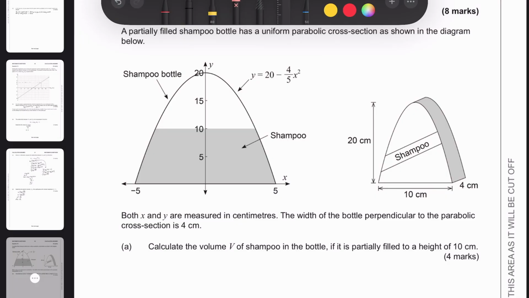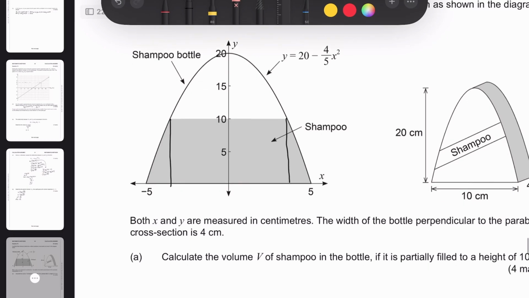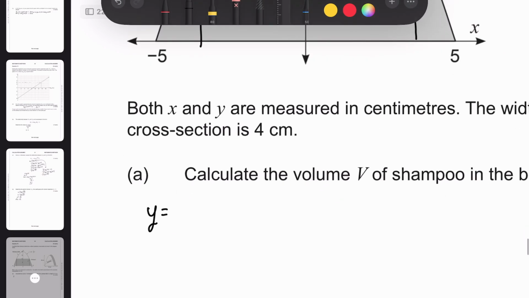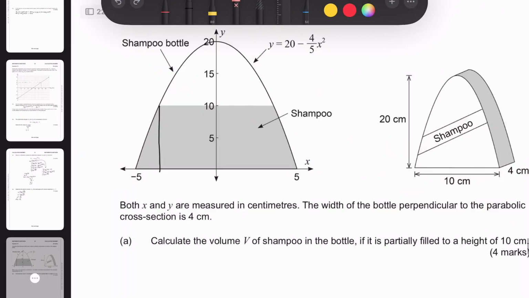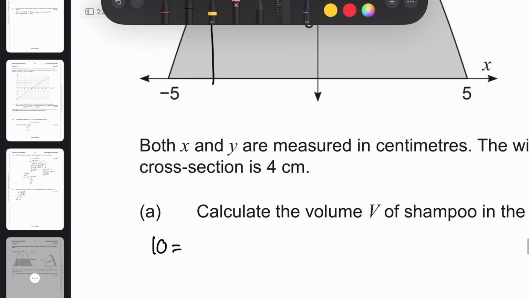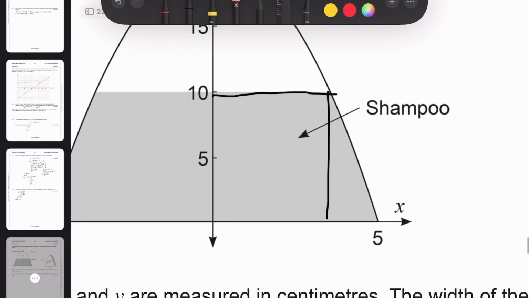Okay, so here what we need to do is find this point here where y is equal to 10, because it's partially filled up to 10. What I'm thinking to do is we will find the area of this rectangle, whatever this k will be.